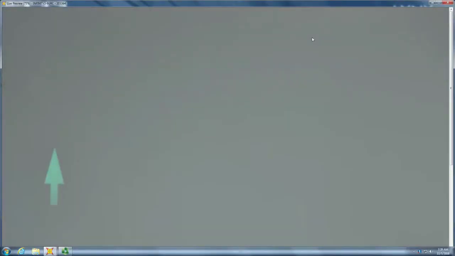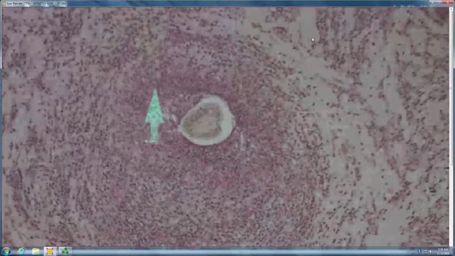Vertical column of lymphs, mid-dermis, mucin in the dermis, follicular plugging, interface dermatitis. So, a lot of lymphoid infiltrate.